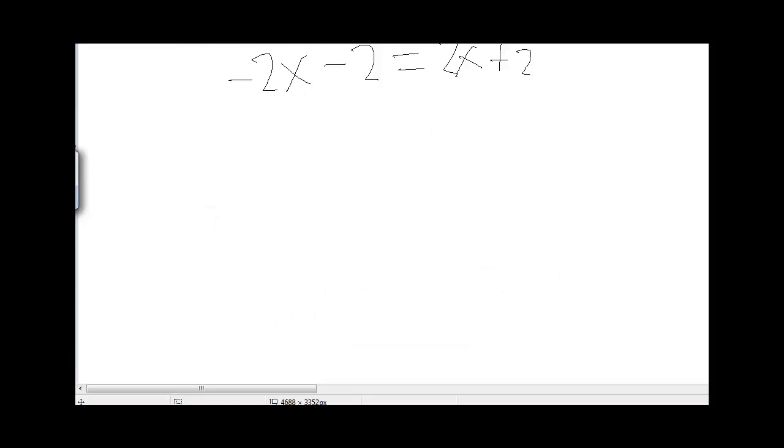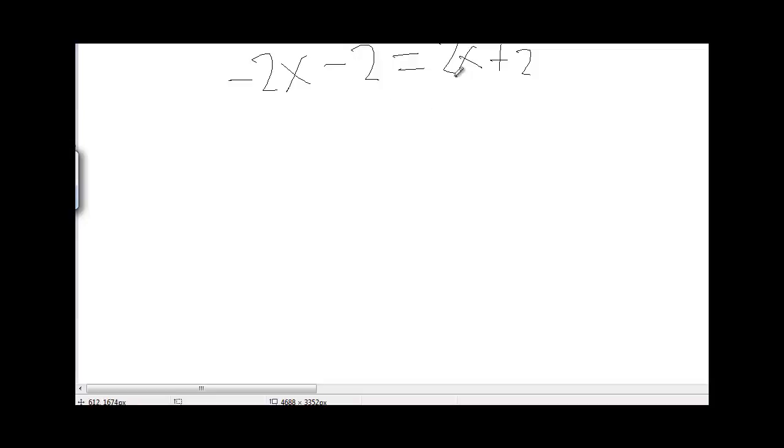There's a problem that you might have on a final exam or a chapter test, something a little bit more difficult. So let's get the x's on one side of the equation and the constants on the other side. The constant being negative 2 or 3 or a million.